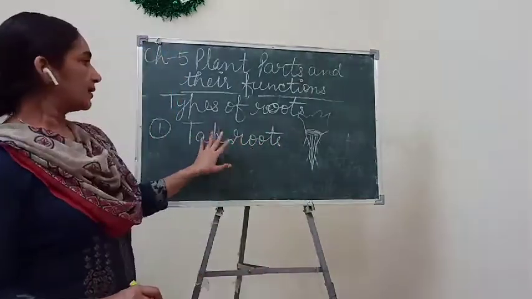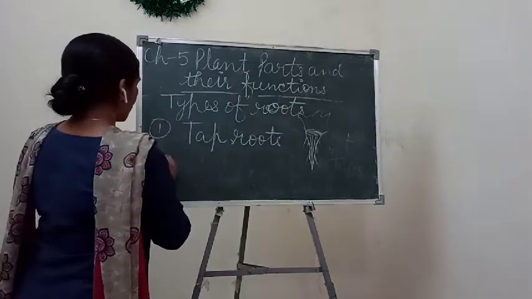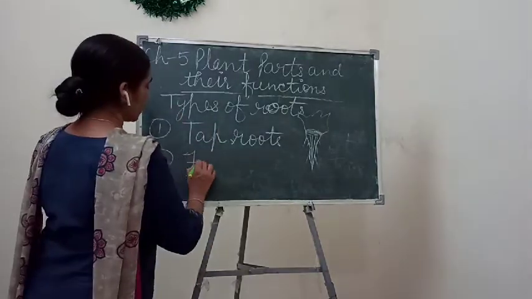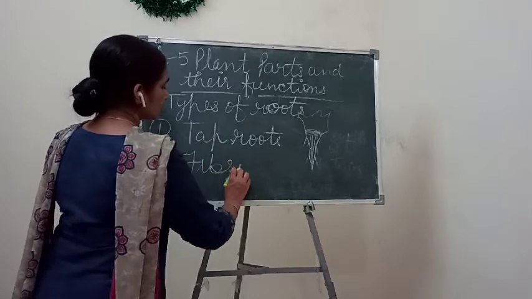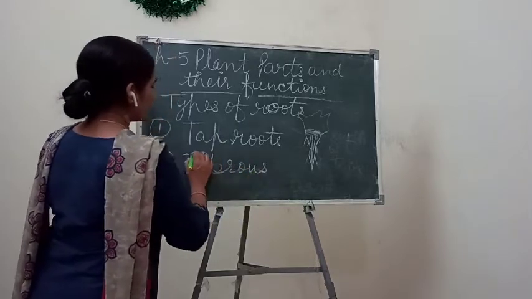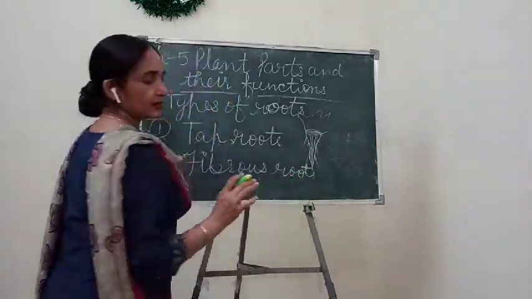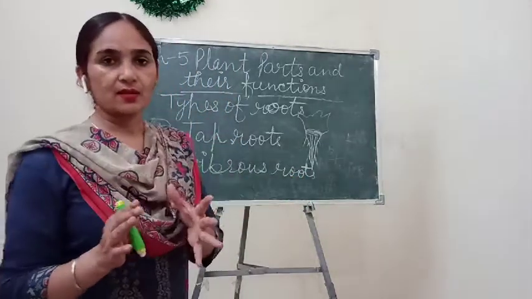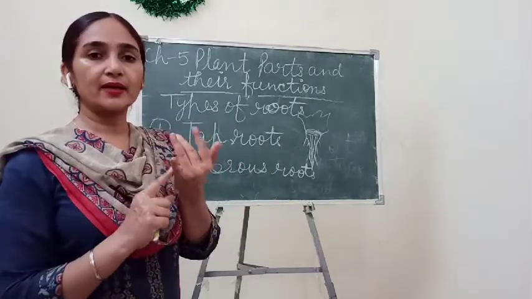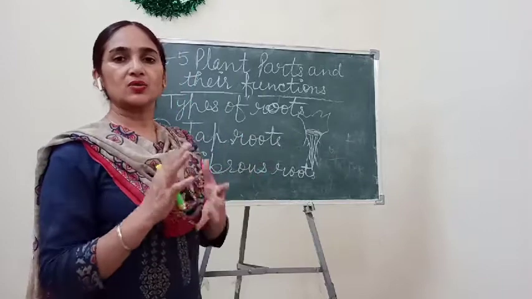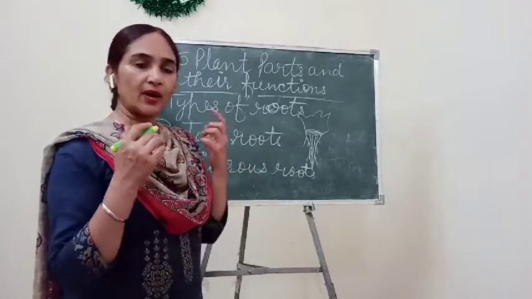Other than tap roots, the second type of roots we studied are fibrous roots, which I told you are present in grasses. Other than grasses, we studied wheat, rice and maize. All these plants also have fibrous roots.